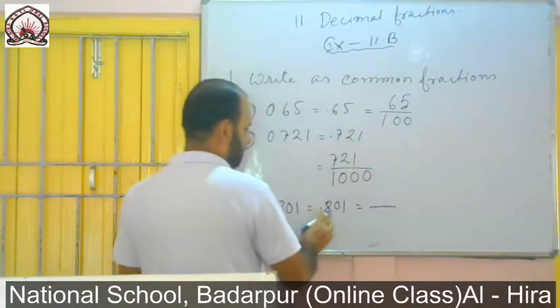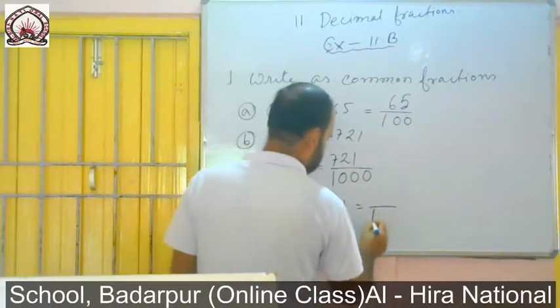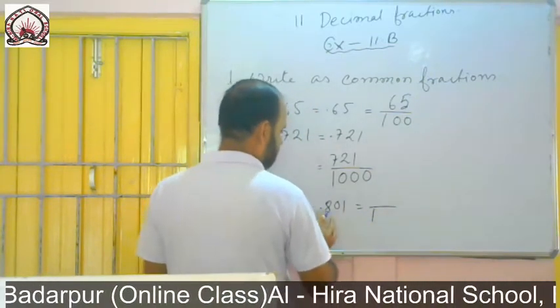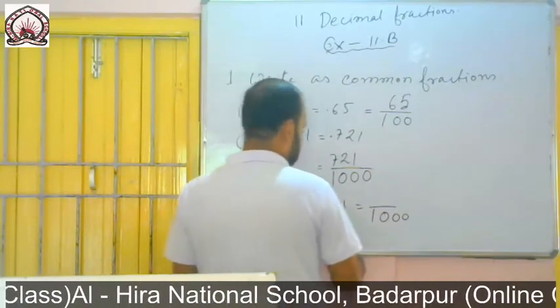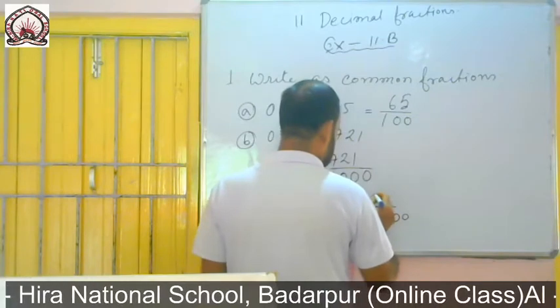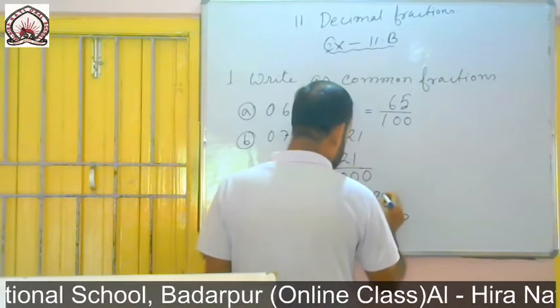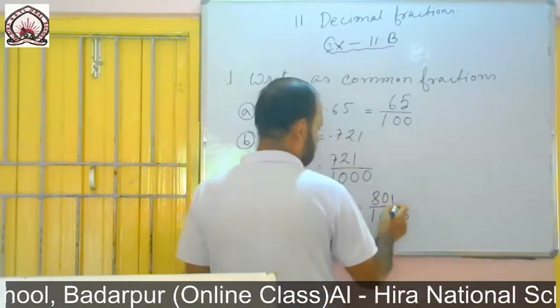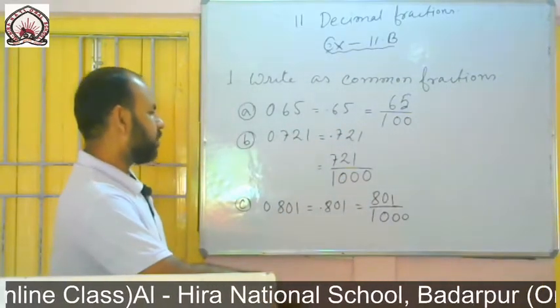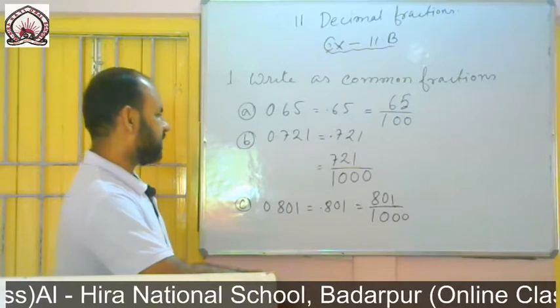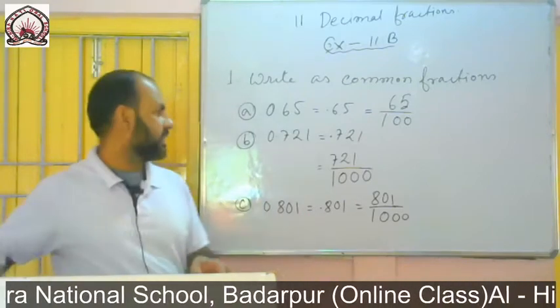Here also there are 3 digits after the point, so in the denominator place we give 1 and then 3 zeros, and then without the point we write this number in the numerator place. So here also the answer is 801 by 1000.